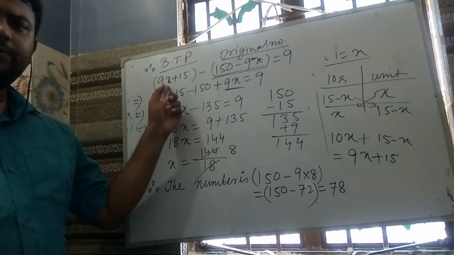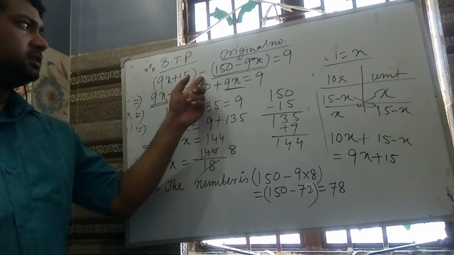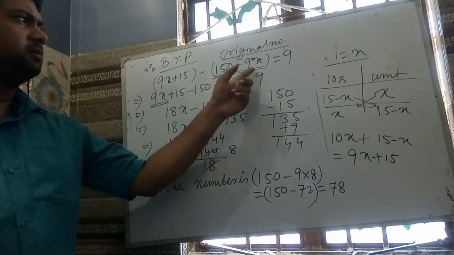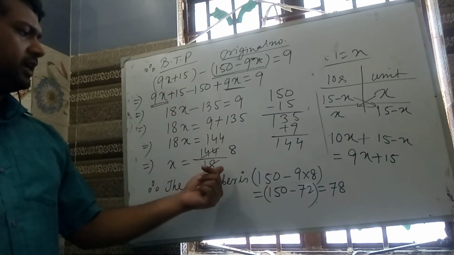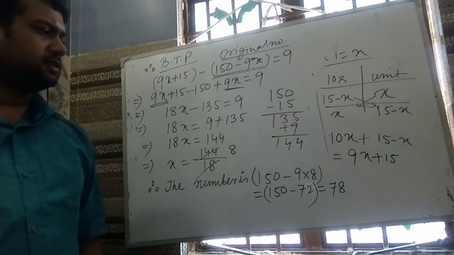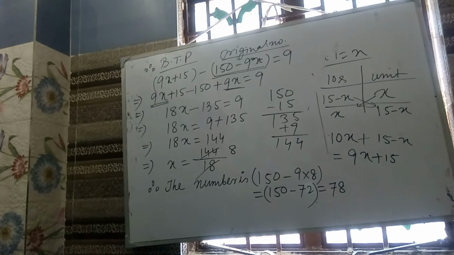The number obtained by interchanging the digits exceeds the original number by 9, that means the difference is equal to 9. Solve the equation, you will get x equal to 8. So your number will be 150 minus 9x, that is 78. Okay.